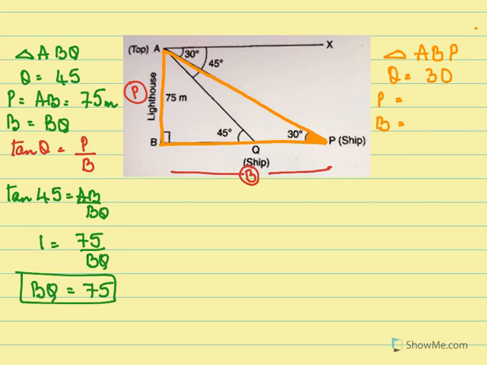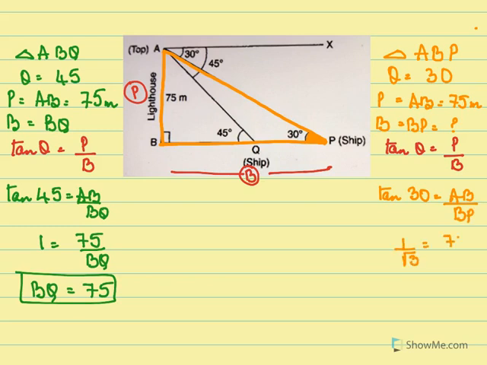So we write that perpendicular AB, 75 meter. Base is BP, which we don't know. So tan theta is perpendicular over base, here theta is 30. So tan 30 is AB over BP. tan 30 is 1 by root 3. AB is 75, BP we don't know. So BP equal to 75 root 3.